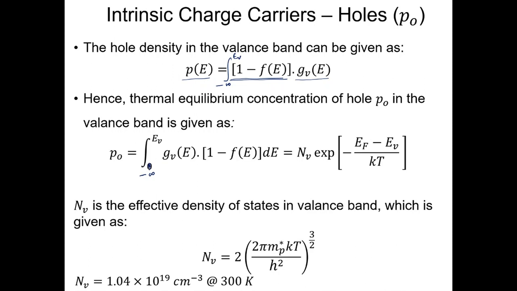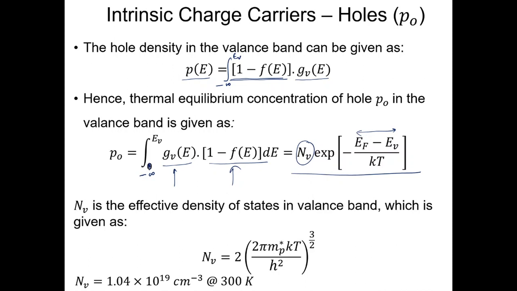So we do the same maths again. You feed the values as you have seen in the previous module, and if you do the maths, what you get is this: NV times an exponent, a function of EF minus EV. So basically it's inversely proportional to the gap between the Fermi level and the valence band edge, right?